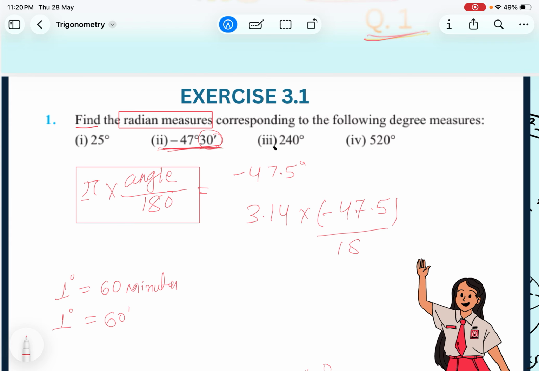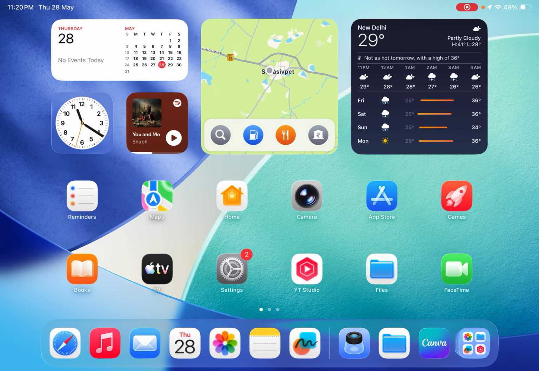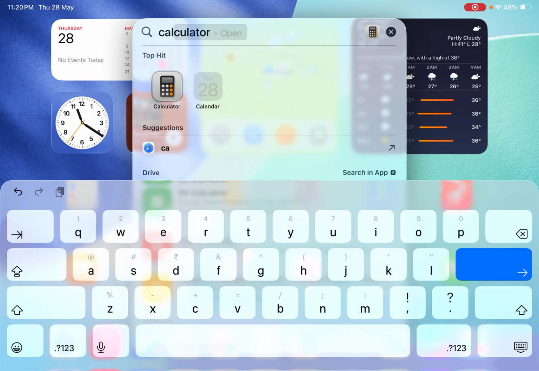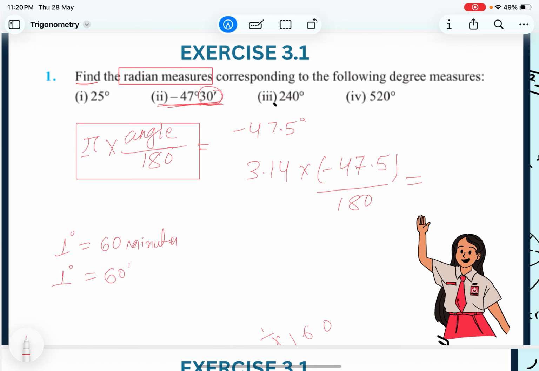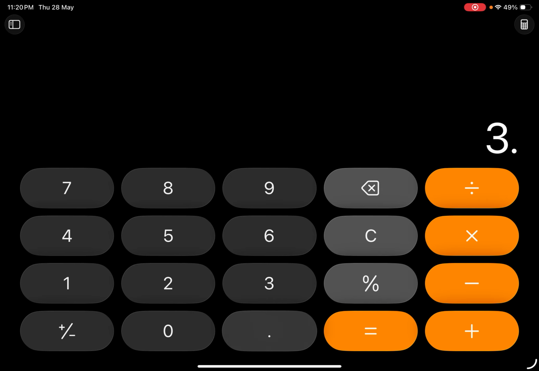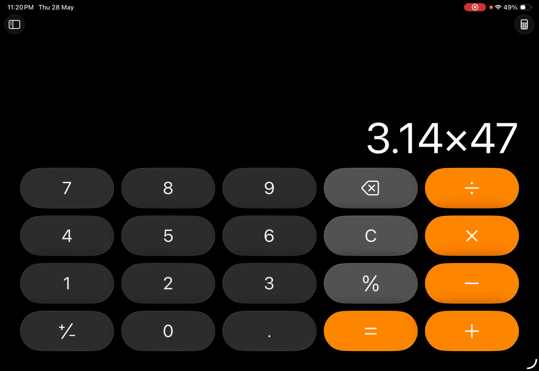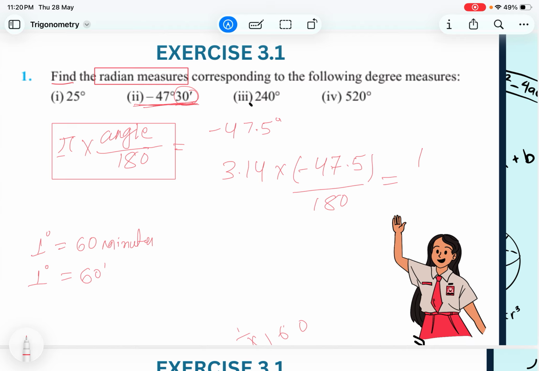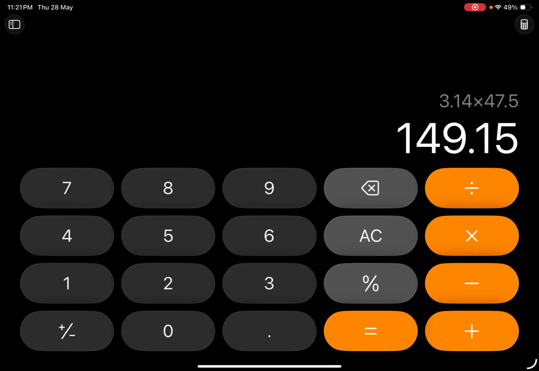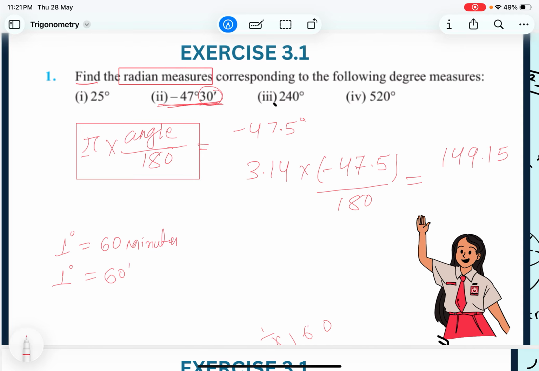Now just put pi, that is equal to 3.14 into minus 47.5 by 180 degree, right? So what will be the answer? Let's just check, and if I open my calculator, then it will be better. Calculator. So we have to do 3.14 into 47.5, that is equal to 14915, and in minus, divided by 180.